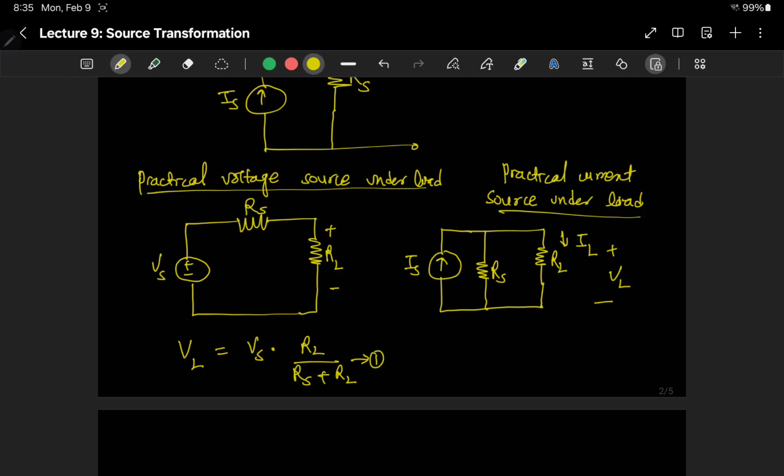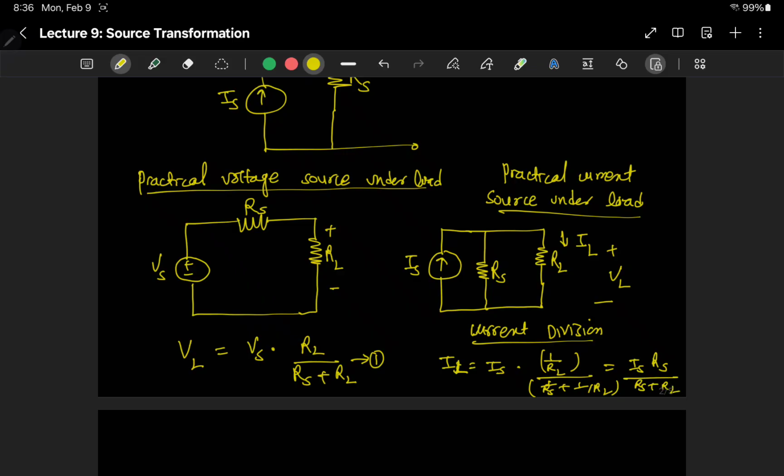Now using the current divider rule, we can calculate the current through the load, which is given by IL equals Is times 1 by RL divided by 1 by Rs plus 1 by RL. And this gives us Is Rs divided by Rs plus RL.